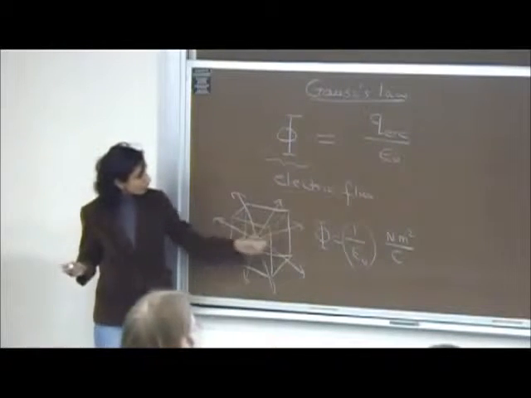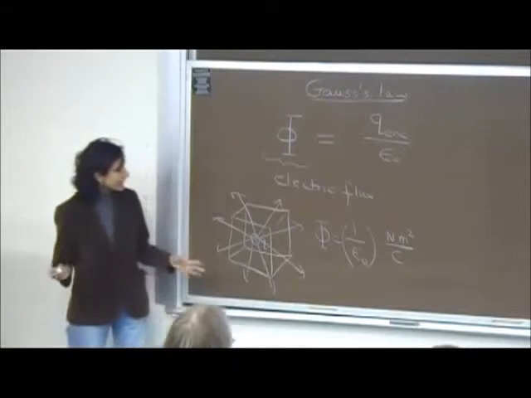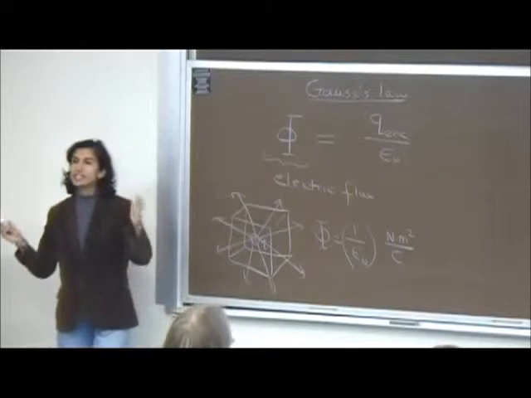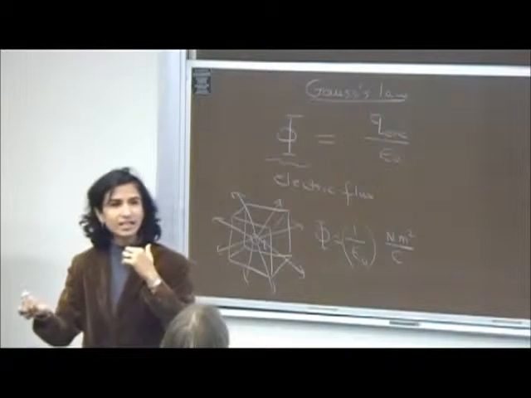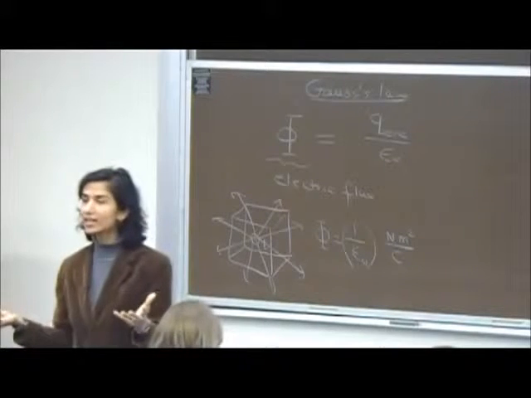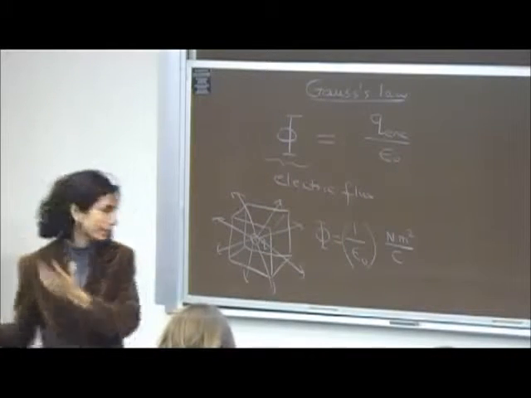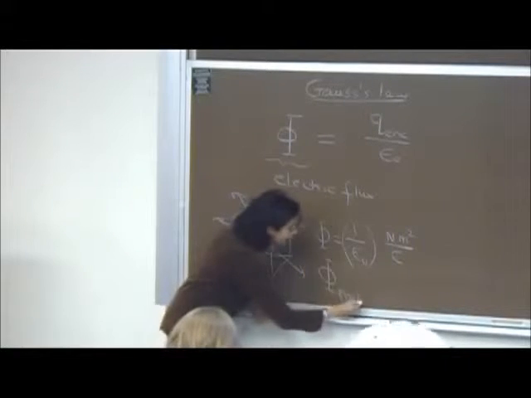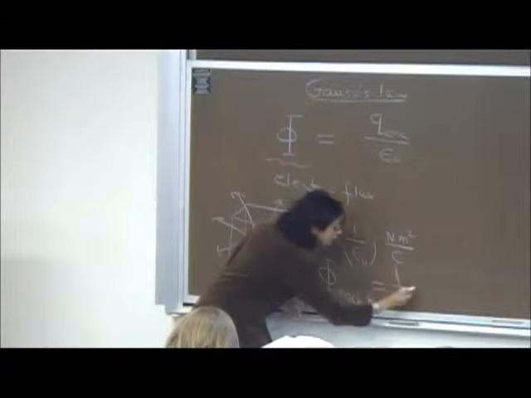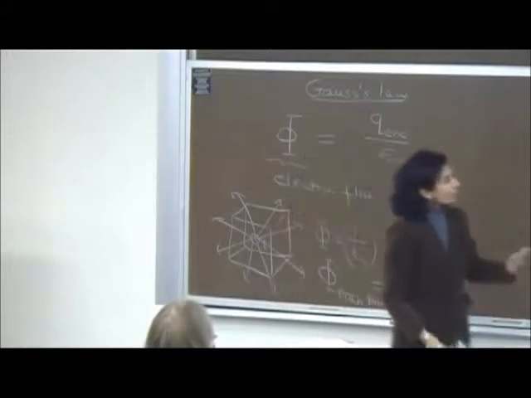And if the total flux through this whole cube is 1 over epsilon 0 in the SI unit, then since there are 6 faces to the cube and the same number of electric field lines will be passing through each face, can you say that through each face the flux will be 1/6 of this? You can. And therefore, the flux through each face will be 1 over 6 epsilon 0. So that's basically what it was for the first case.